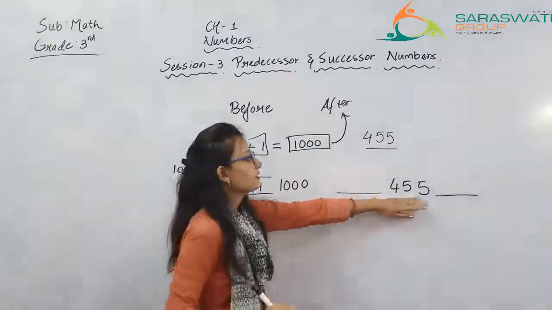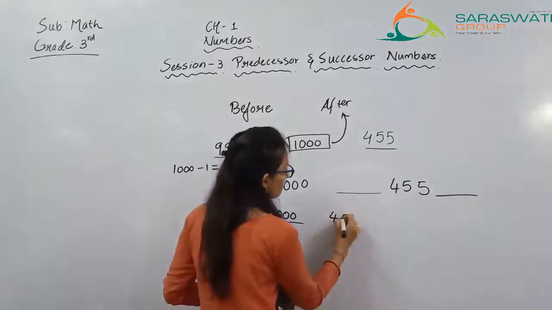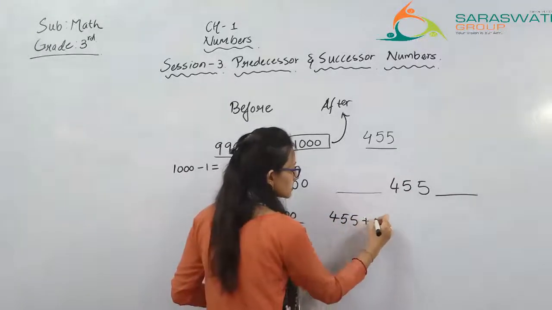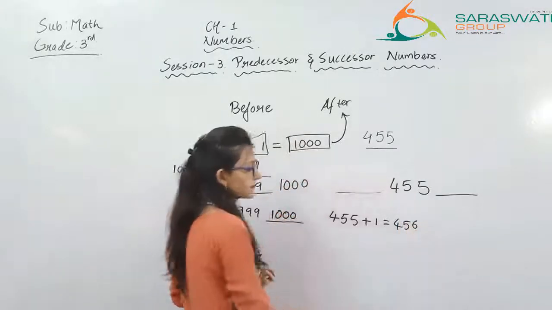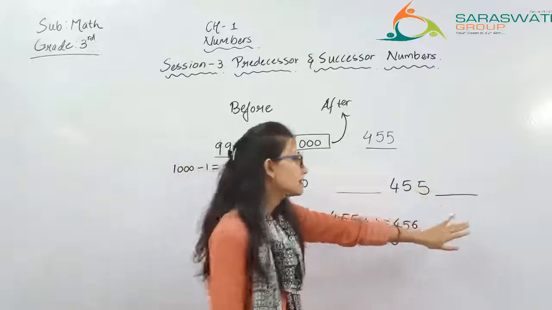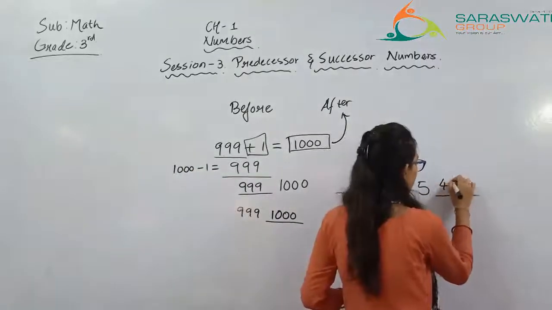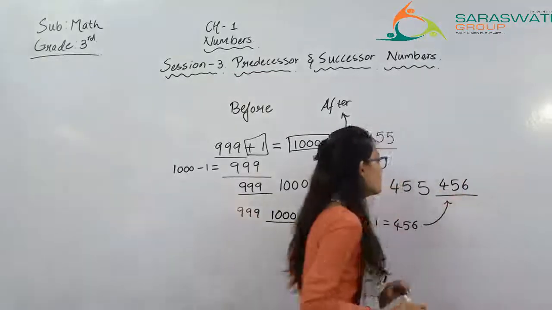If I want the successor number, then what will I do? I will do 455 plus 1, that is 456. So I get 456 as the successor number.